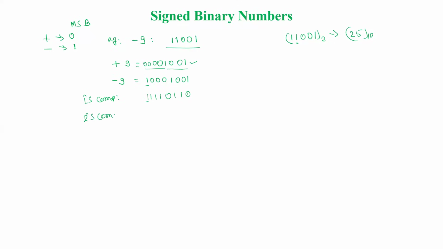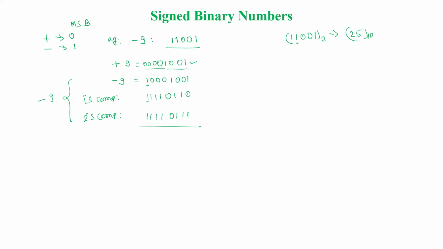Similarly, in the case of 2's complement, you know that if you add 1 to the 1's complement, it becomes the 2's complement. The last LSB bit is 0, 0 plus 1 is 1, and the remaining bits will be the same. This is the sign bit representation. So negative 9 can be represented in these three ways, whereas positive 9 can be represented in only one way. Now we can use these to perform arithmetic addition as well as arithmetic subtraction.